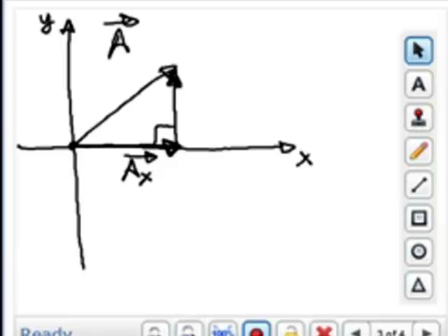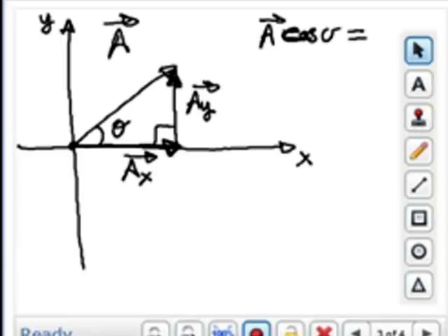Similarly, my second vector decomposition will be called AY, to remind me that this is the Y component of vector A along the Y. And now I can remind myself, oh, I know the relationship between AX, AY, and A. If I put an angle right here, then I know that A is related with AX by this relationship.